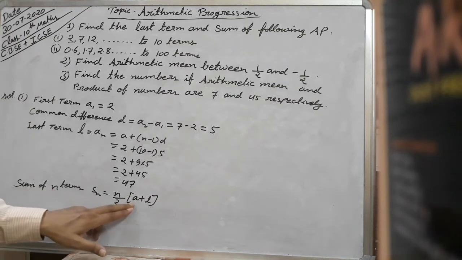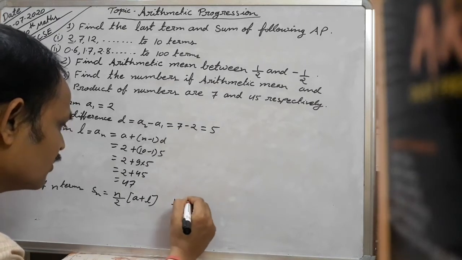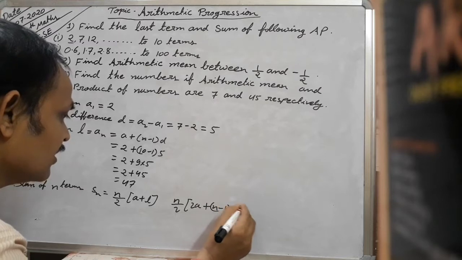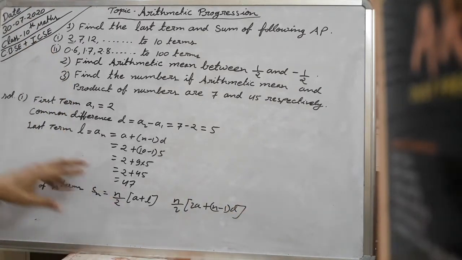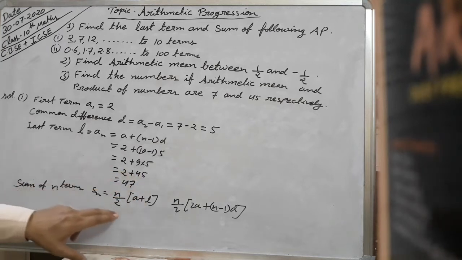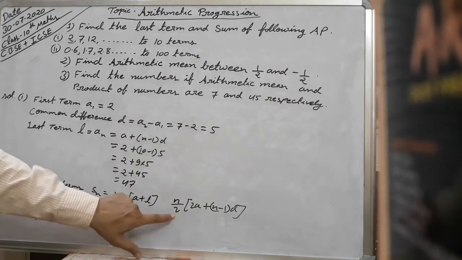Either you can write n by 2 into 2a plus n minus 1 d. Either you can take this one or this one. Since we have found the last term, therefore you have to take this one so that you can solve the answer quickly. Okay, don't take this one.